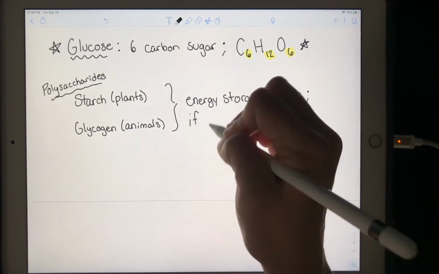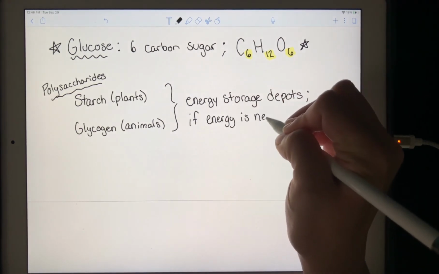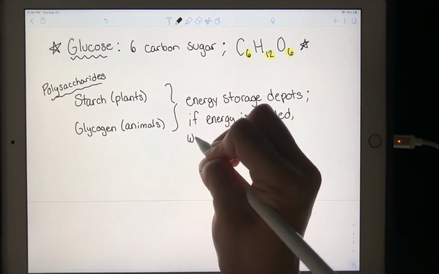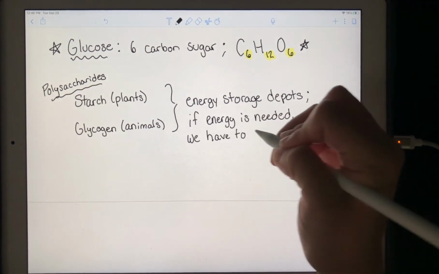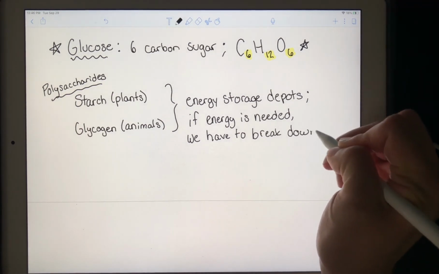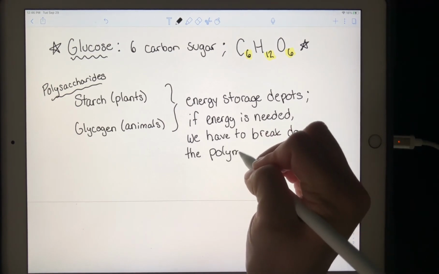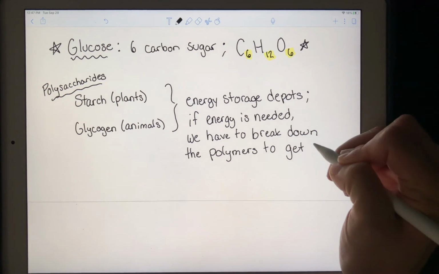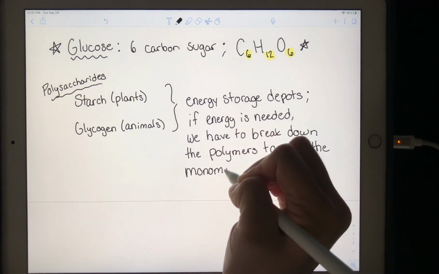So if energy is needed, we must break down the polymers to get the monomers we want.